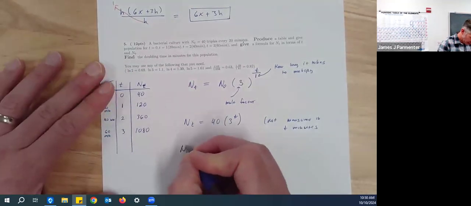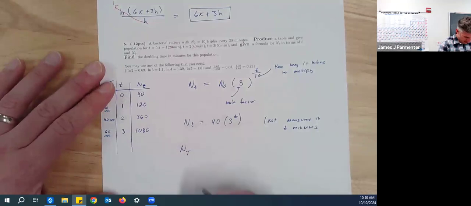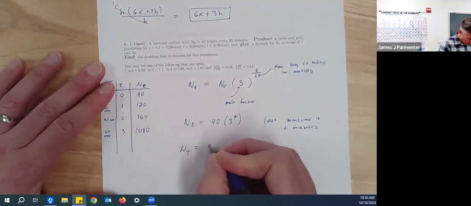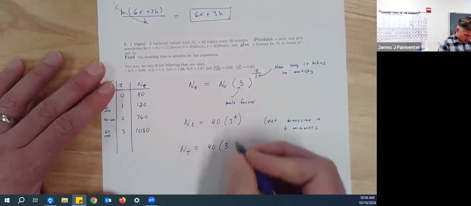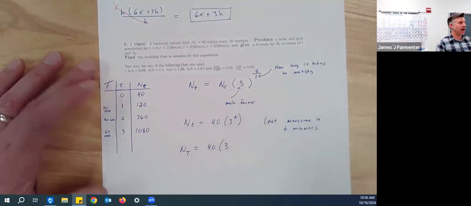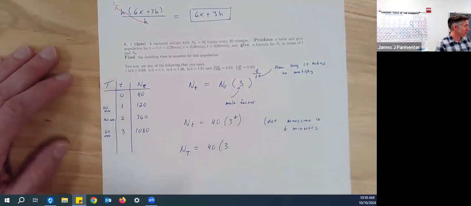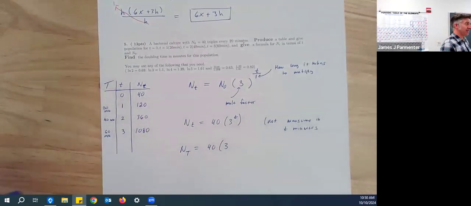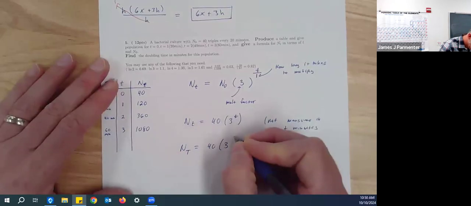I'm going to say that N of capital T is 40 times 3 to the, okay, what I should have up here is t divided by how long it takes to do the thing, which is 20 in this case, right? It takes 20 minutes for the population to triple, so I'm going to get T divided by 20.